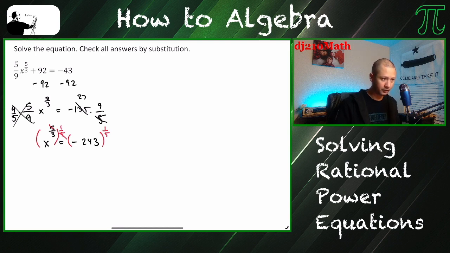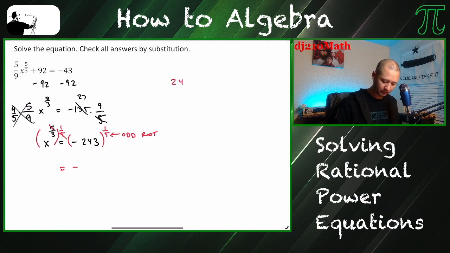Fifth root of negative 243. Well, because this is an odd root, I can simply bring out the negative and everything's going to be fine, right? If you understand odd roots, the negative can be pulled out of the radical.